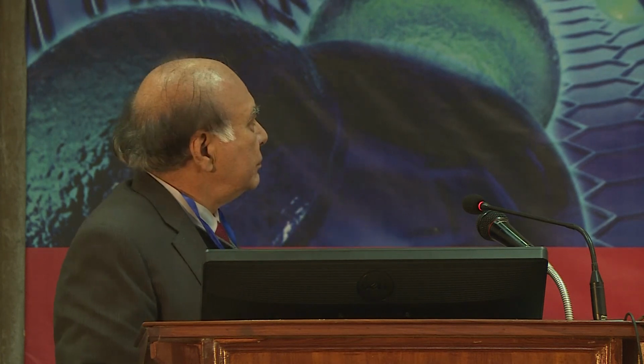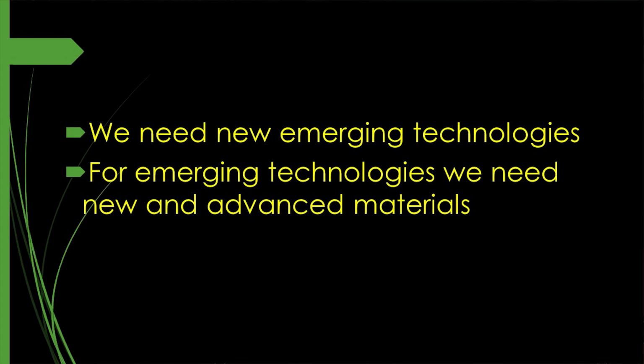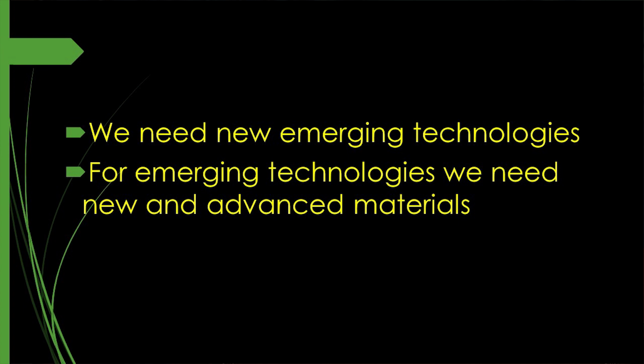For that, what do we have to do? To control the development, we actually need emerging technologies. The word emerging technologies is not a simple word, because there are different categories of emerging technologies.